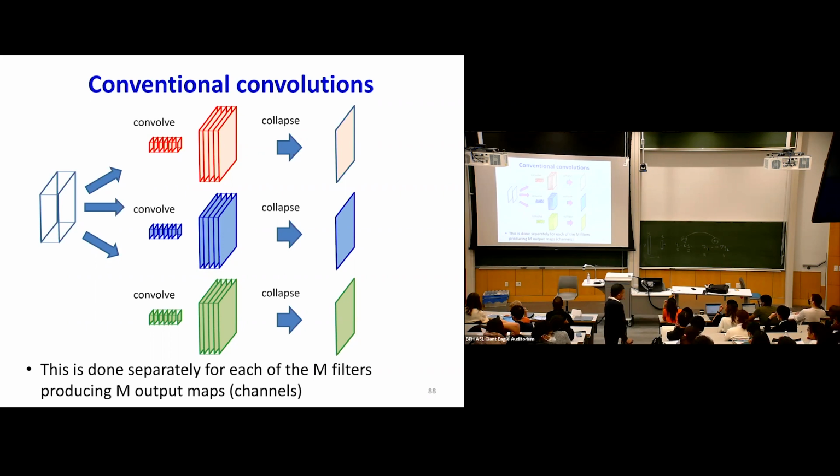So when you compute the output maps, the actual computation done is shown over here. You're going to be computing one channel per input channel per filter, and then you're adding them all up, right?